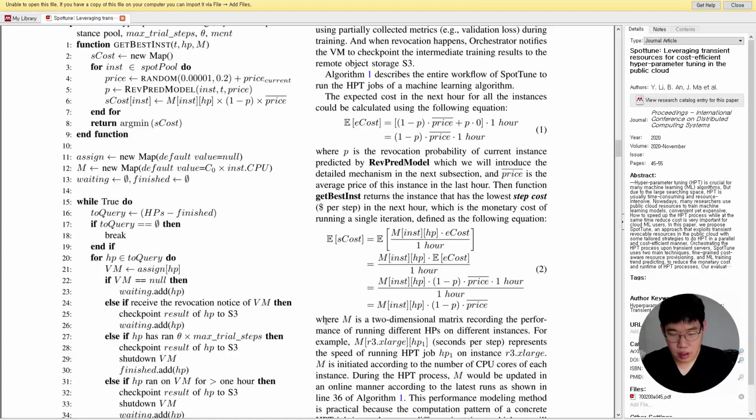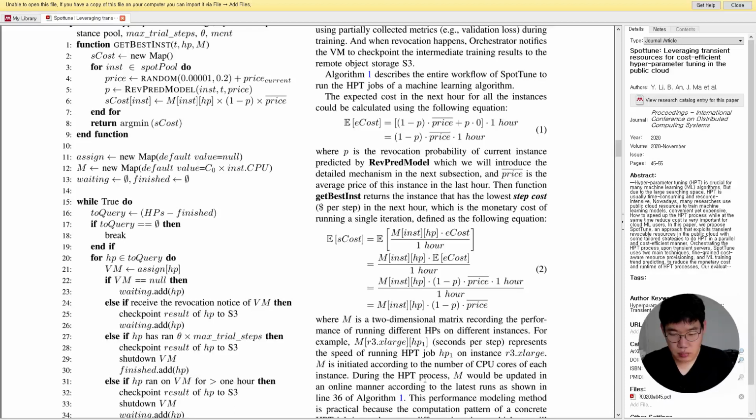Here M is a two-dimensional matrix recording the performance of running different HPs on different instances. For example, M x3 x large HP1 seconds per step represents the speed of running HPT job HP1 on instance x3 x large. M is initialized according to the number of CPU cores of each instance.